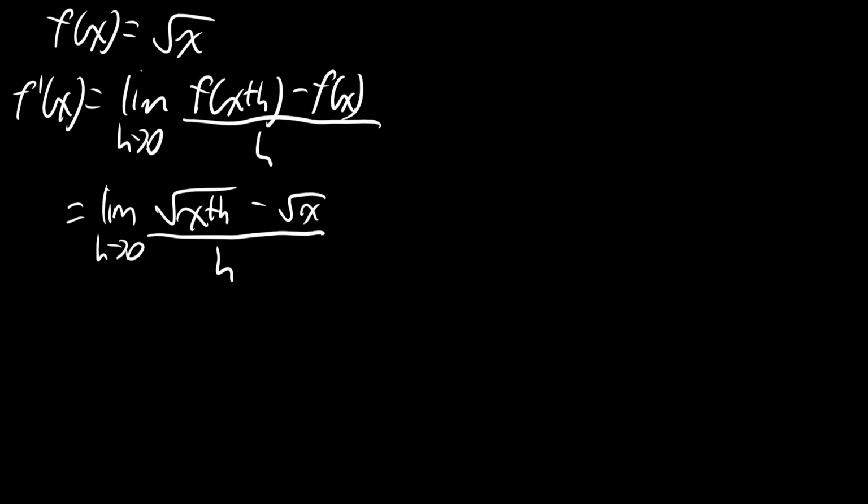Now, how do we simplify this? Because I can't deal with these x terms. I can't do anything. So what can I do? Well, I can rationalize the numerator by multiplying by the conjugate, which is this.